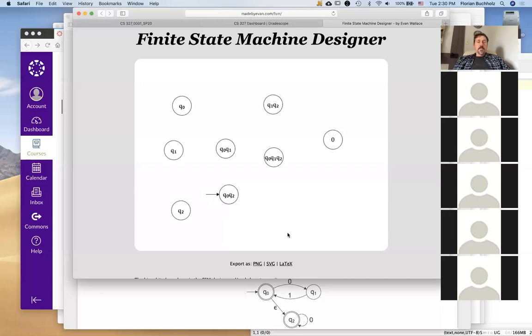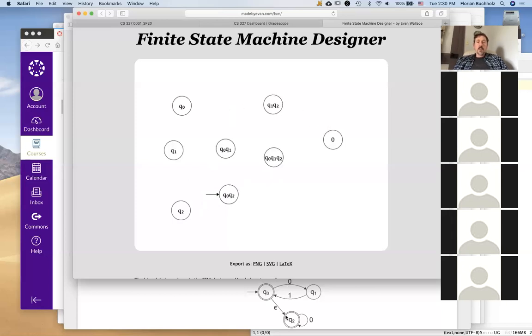Now the accepting states. Again, I'm going to skip rule number 3 because it's complicated. But let's determine what the accepting states of this DFA are. The rule states that whenever you have, as part of the state's name, a state that is an accepting state in the NFA, then it's going to be an accepting state in the DFA as well.